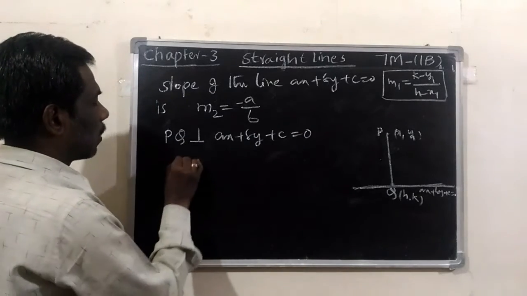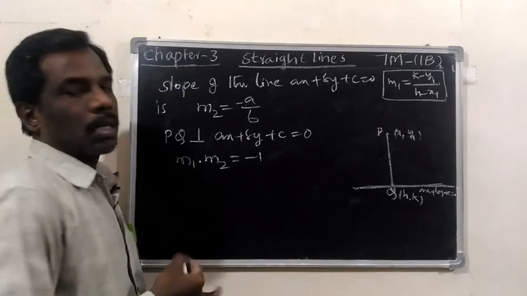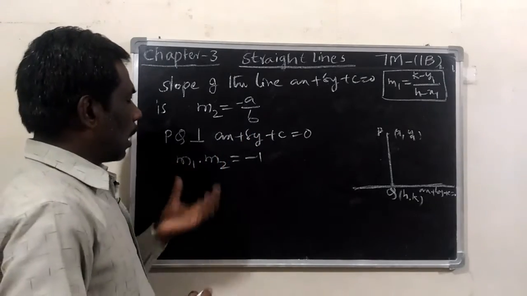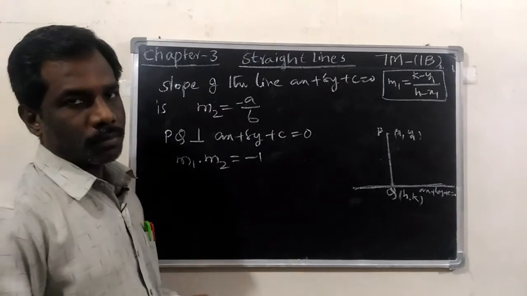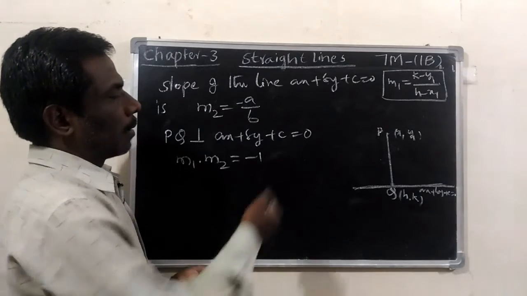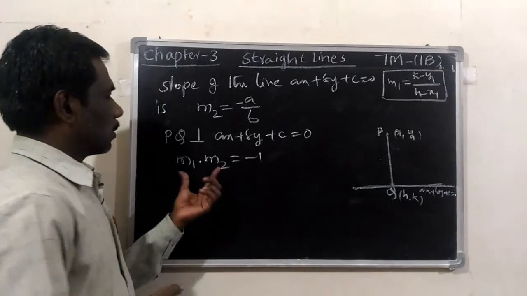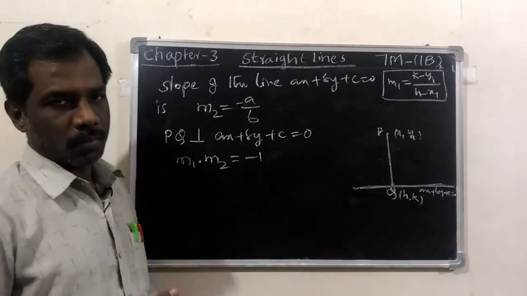So we can write it now, m1 × m2 = -1. The product of the slopes of perpendicular lines is equal to -1. The condition of the slope of the perpendiculars is the product of the slopes should be equal to -1.